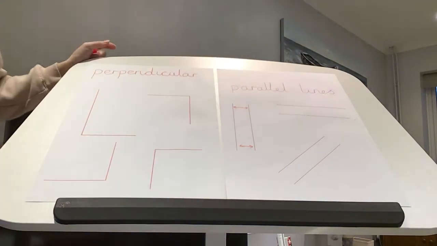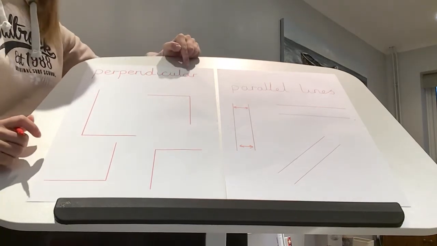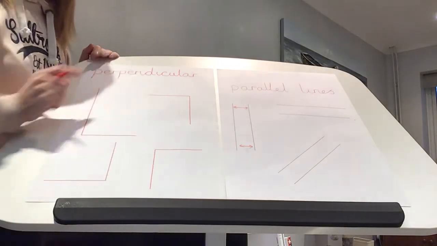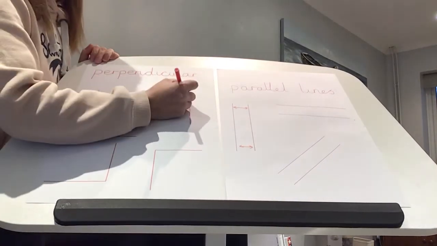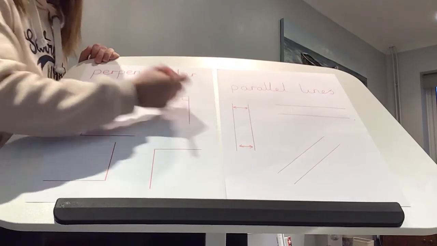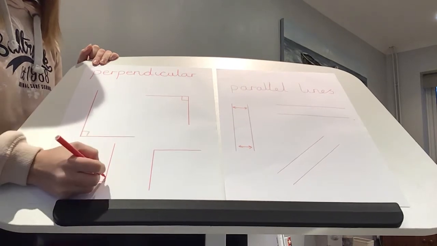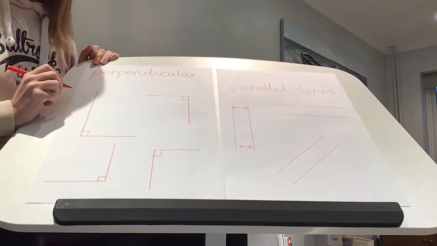The last keyword that I'm going to give to you is perpendicular. Now, if you have a look at these images, perpendicular is when you have a horizontal and a vertical line and they are at right angles to each other, a bit like the corner of a square. So if you have those two lines next to each other, they are perpendicular.